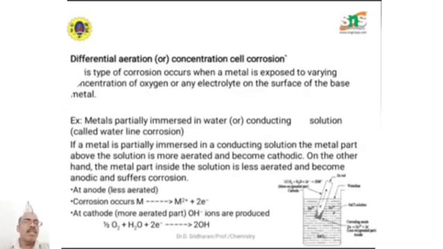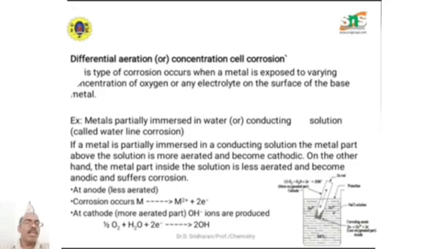And differential aeration or concentration corrosion. This type of corrosion occurs when a metal is exposed to varying concentrations of oxygen or any electrolyte on the surface of the base metal. Consider a metal partially immersed in water with the remaining part in contact with the air. If the metal is partially immersed in a conducting solution, the metal part above the solution is more aerated and becomes cathodic.